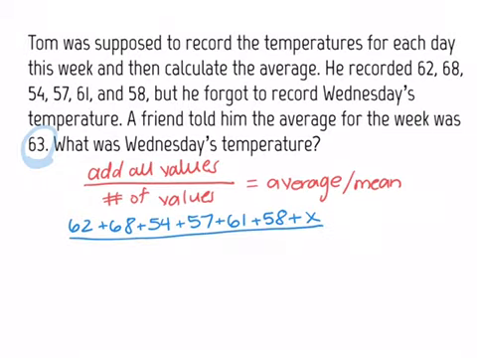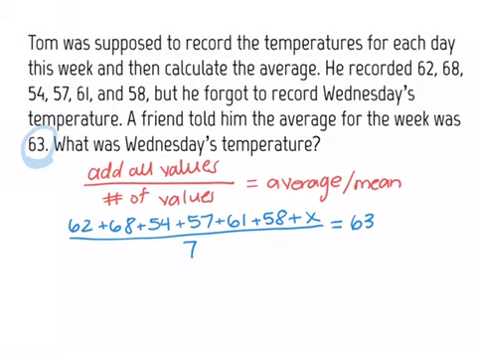And the number of values would be the number of days, which is 7. And then this should tell me normally what the average or the mean was. But I don't need it to tell me that because I already know that the average for this situation is 63. So now we just need to figure out, how do we solve a question like this?